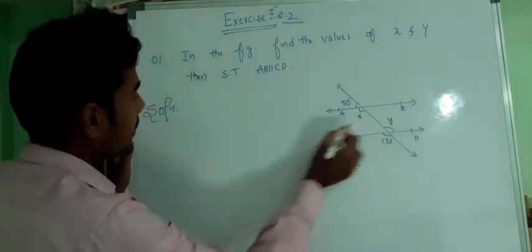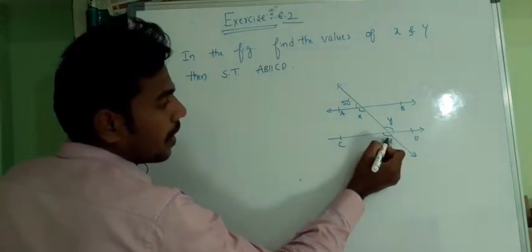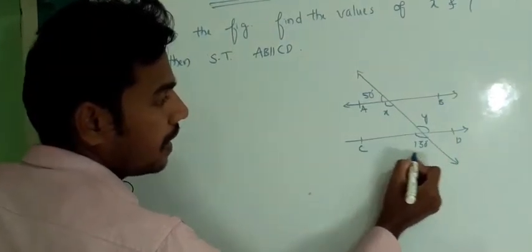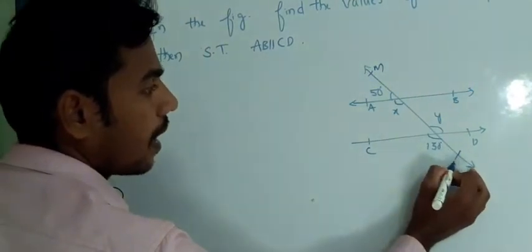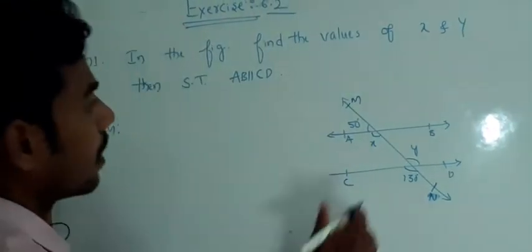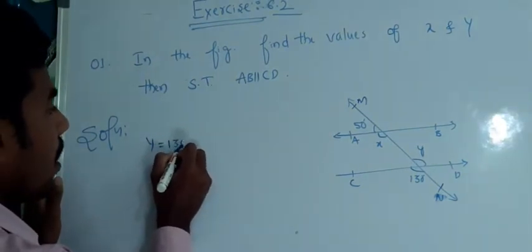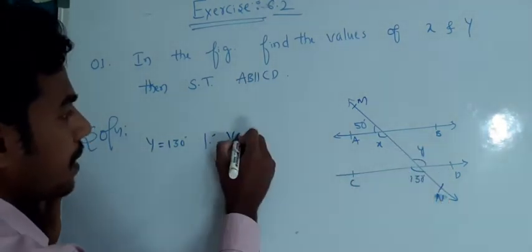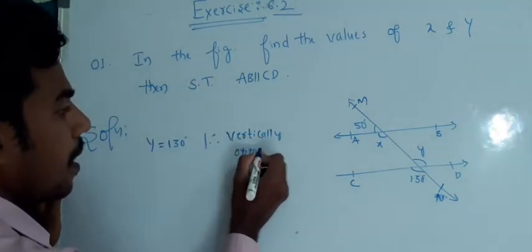See now, this angle, I'll name this M and N. Now angle y is equal to 130. Why? Because vertically opposite angles, this and this are vertically opposite angles.